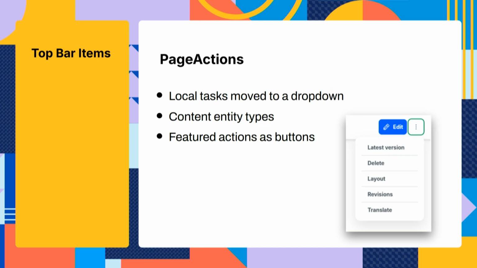So if you are working with Commerce, any product action is there, automatically. And it gives you the possibility to feature some actions. Those featured actions, instead of appearing in the dropdown, appear as a button to do it directly. By default, the edit button appears when you are viewing the entity, or when you are viewing the latest revision, if you are using content moderation.